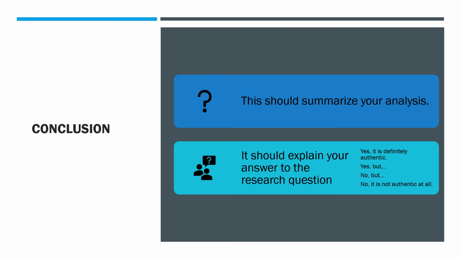So in your conclusion, you want to go back and say, yes, this restaurant is authentic, but here are the reasons that it's a little bit inauthentic and why that's important to know. You want to go back to that research question of, is this restaurant authentic? That completes and rounds out the writing for your project.